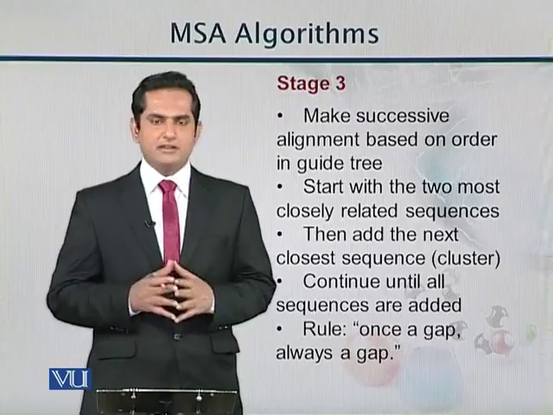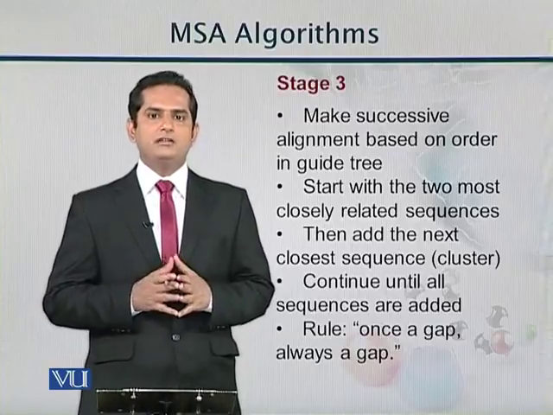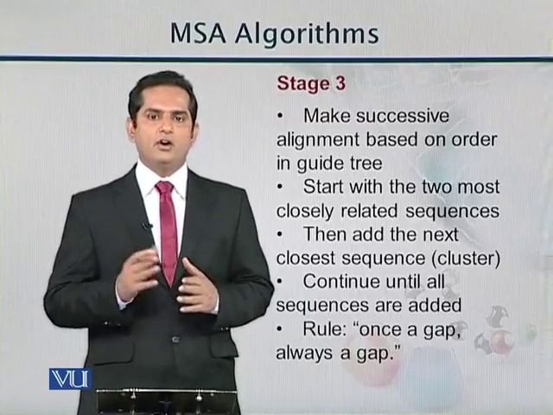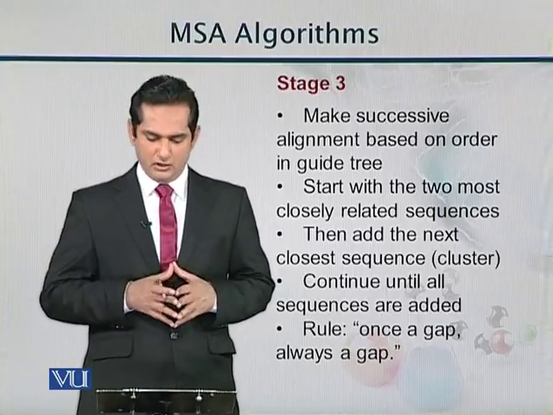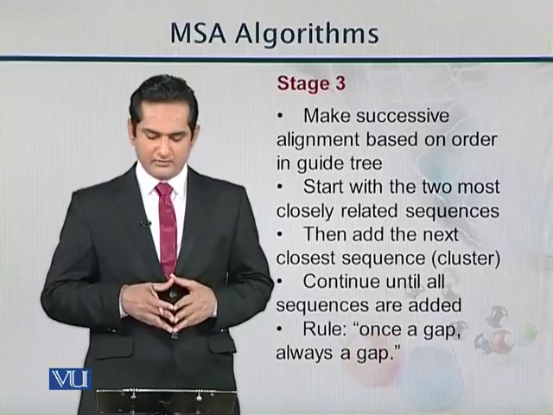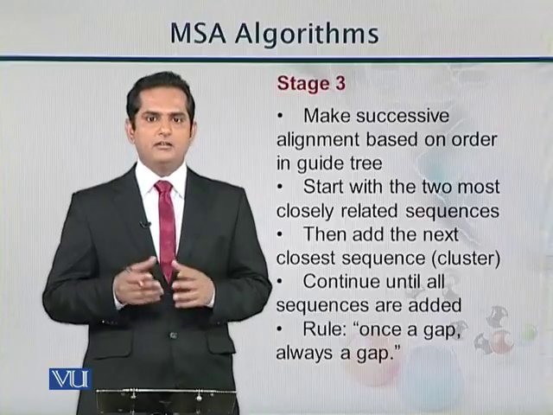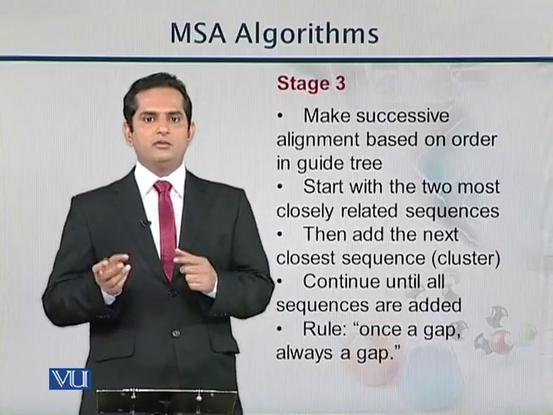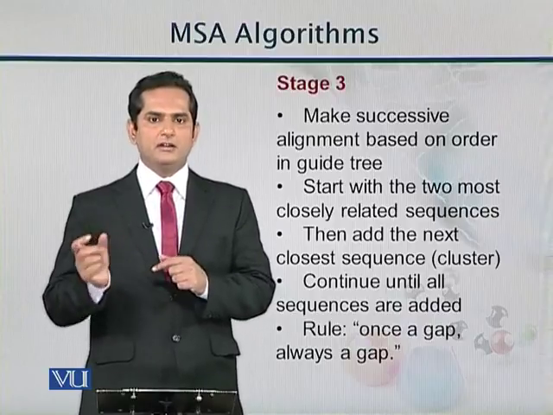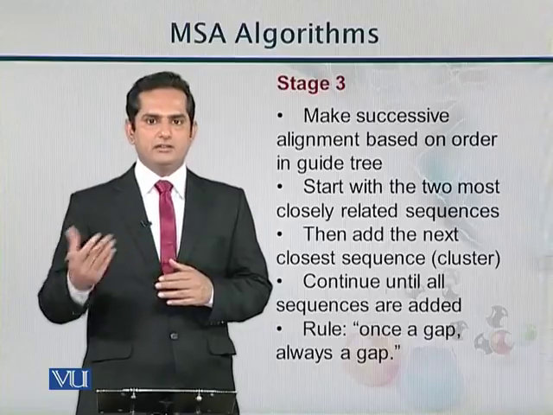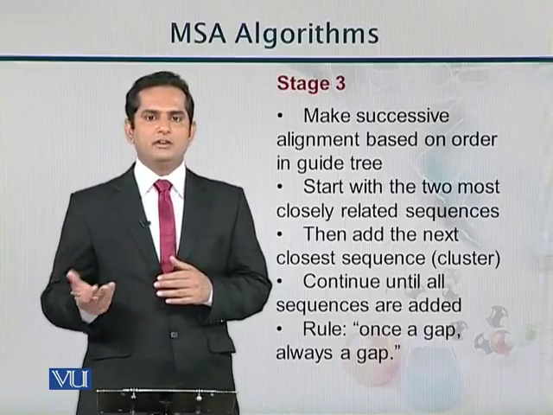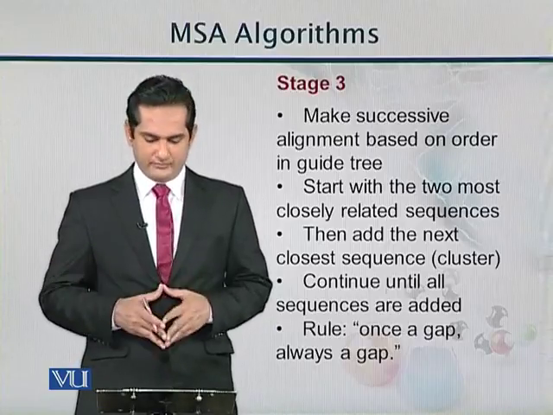So what is stage 3? Stage 3 is after we have got the guide tree. Now we want to assign our sequences following the guide tree. We make successive alignments based on the order in the guide tree. For example, we find the closest sequences in the guide tree and compare them, then we take the second closest one, then the third closest, and so on.